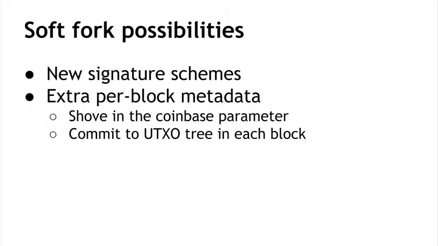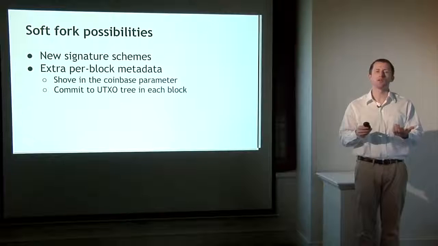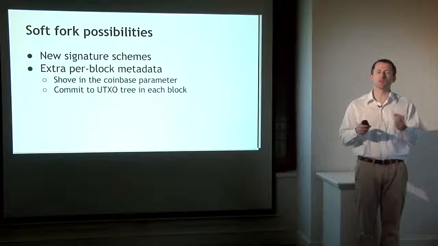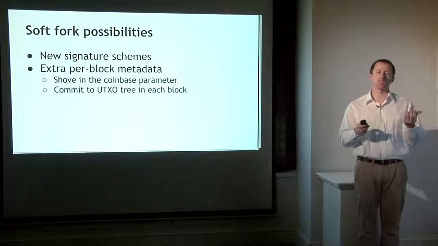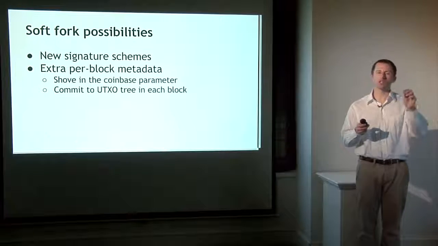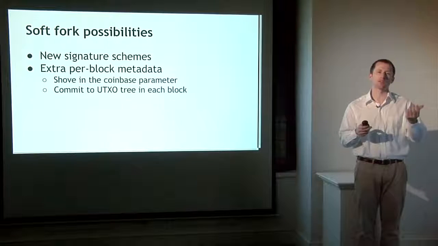One idea that's been proposed is that in each new block, Coinbase contains a Merkle root of the entire set of unspent transactions. It would only result in a soft fork because old nodes might mine a block that didn't have the required new Coinbase parameter that got rejected by the network, but they would catch up and join the main chain that the network is mining.